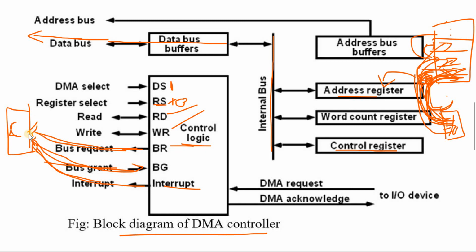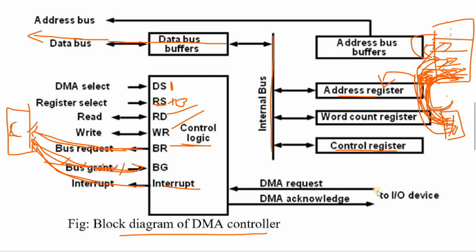Then the CPU releases the bus grant signal. That means the DMA controller releases the 3 bus configurations, address, data and control, and now the control of all 3 buses is taken by the CPU. Now the DMA is free, so there is no need for the bus request.